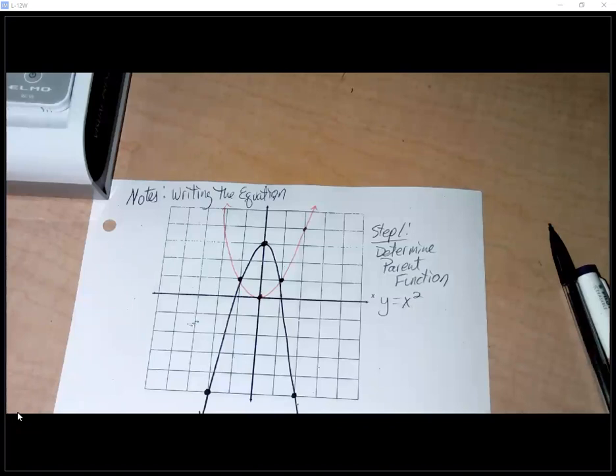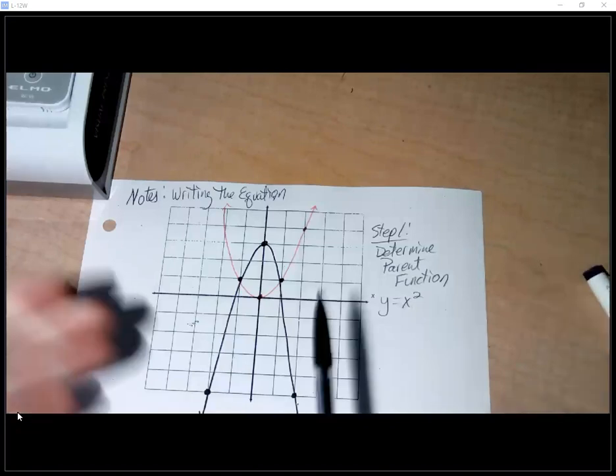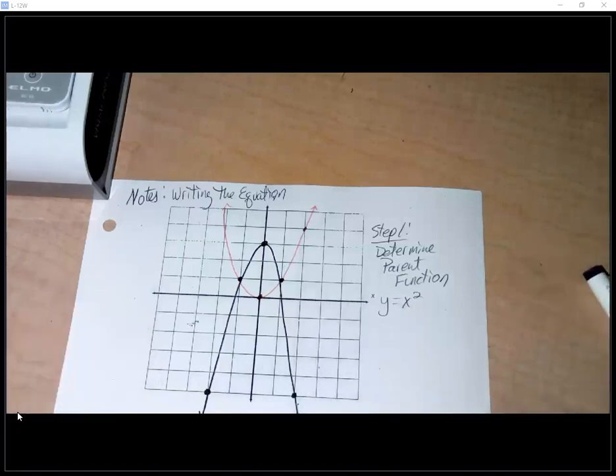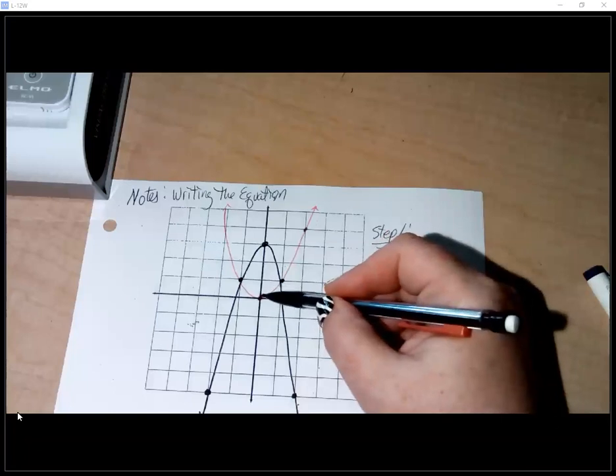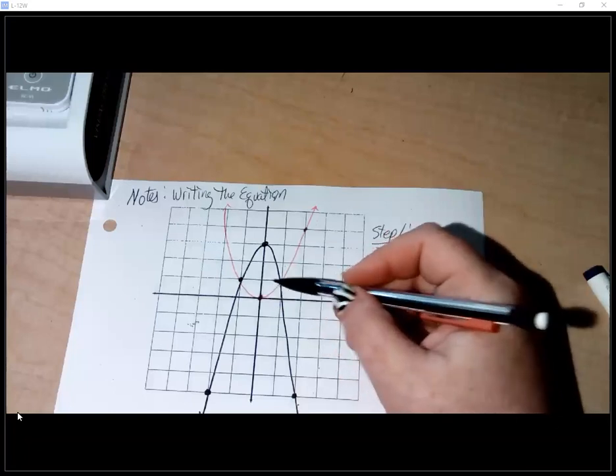But the parent function does, I do have some changes that have occurred, right? So, someone tell me one thing that you know that I've done. Oh, up 3. Yeah, because in my vertex, it's kind of easy to pick a point and follow that one point. The vertex has shifted up 3 for sure.